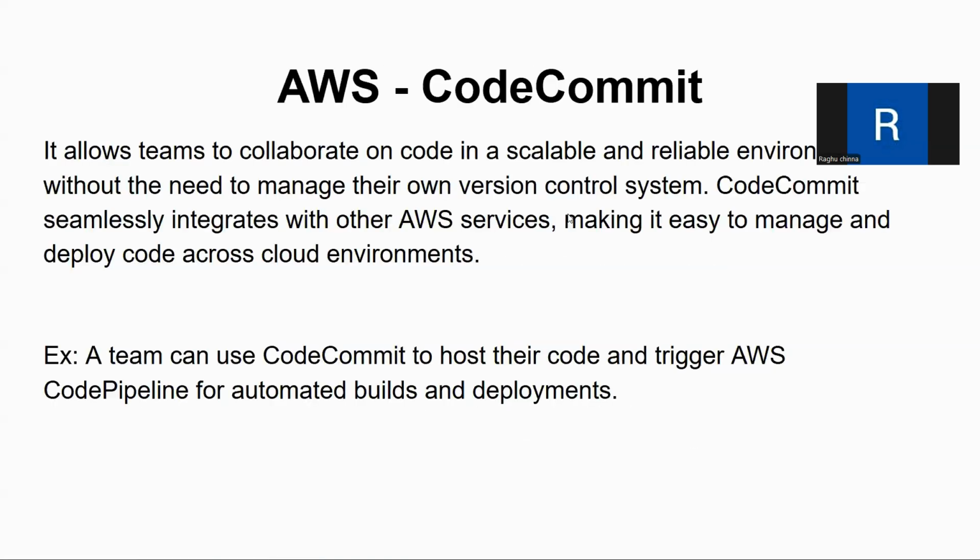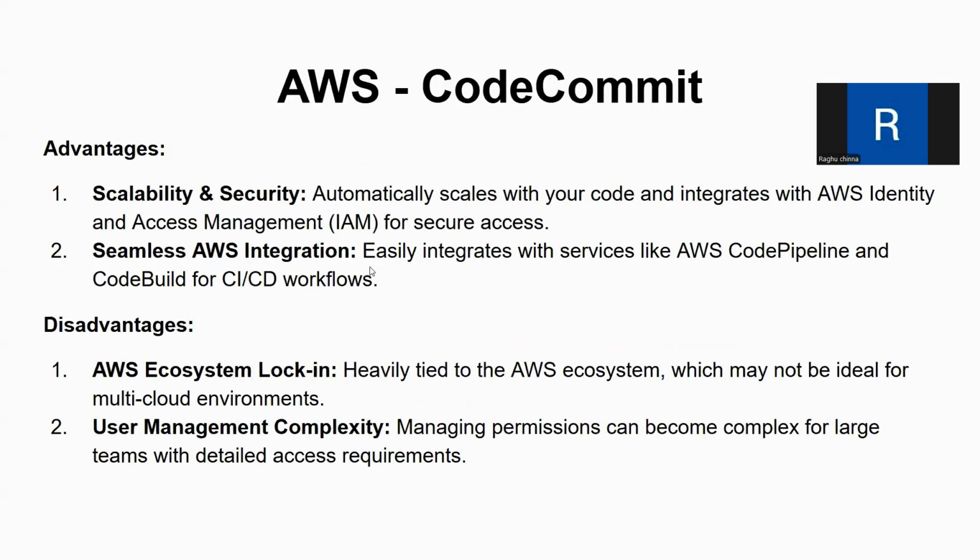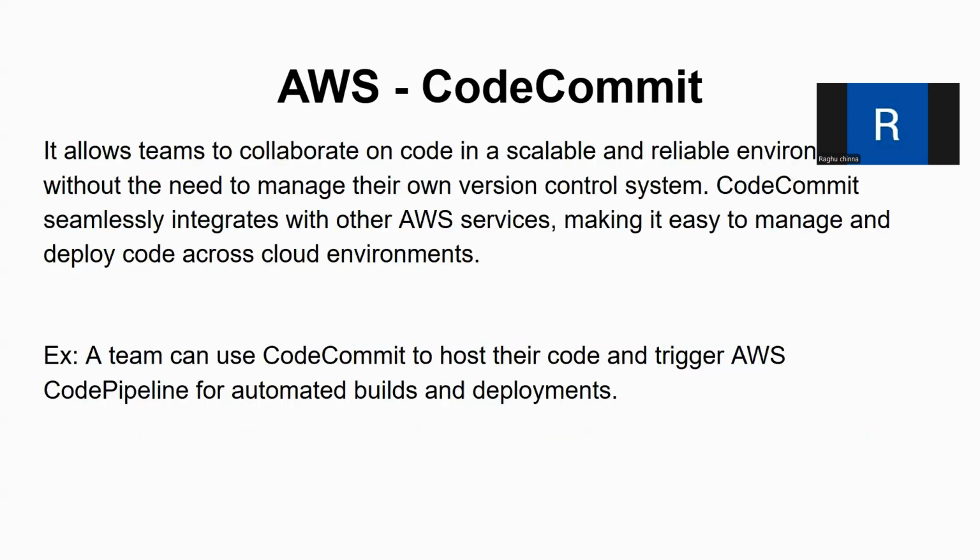So CodeCommit allows teams to collaborate on code in a scalable way. It's just like GitHub, you can say. You can commit your code and automate, run and use it for the deployment, monitoring, everything.